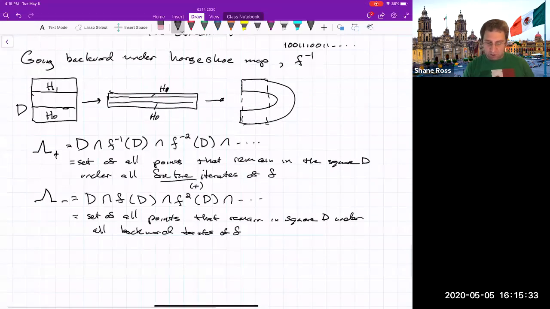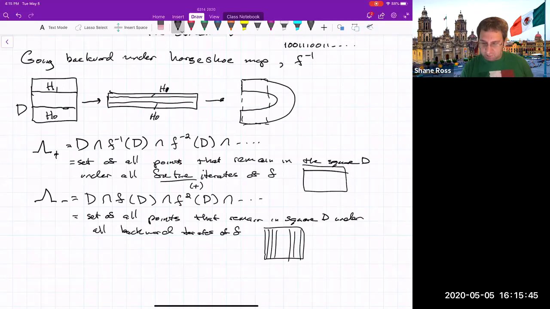And so we already saw what this was. This was a collection of a bunch of vertical lines. Lambda plus is actually a collection of a bunch of horizontal lines.